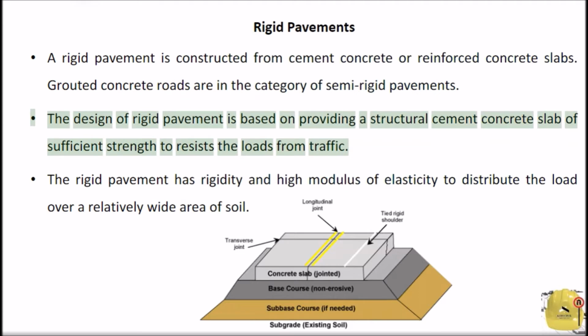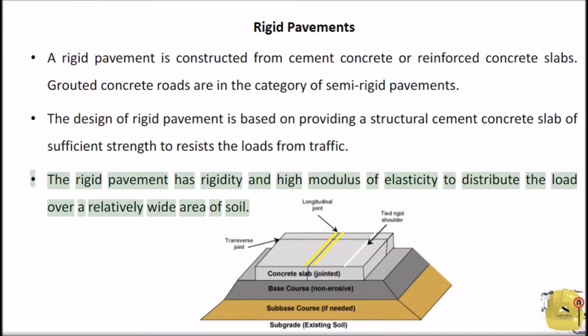The design of rigid pavement is based on providing a structural cement concrete slab of sufficient strength to resist the loads from traffic. The rigid pavement has rigidity and high modulus of elasticity to distribute the load over a relatively wide area of soil.